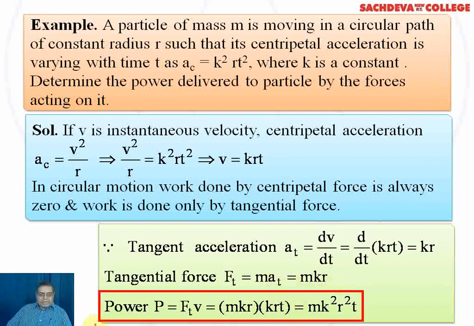Now power is work over time, that is the definition of power, and from that we get P equals F_t into v. F_t is already calculated to be m k r and v is k r t. So the net function for power will be m k squared r squared t.